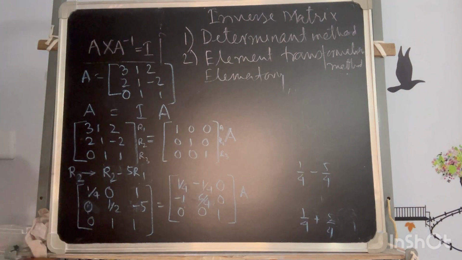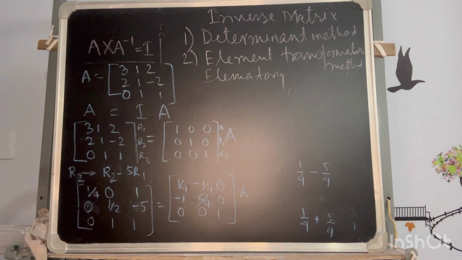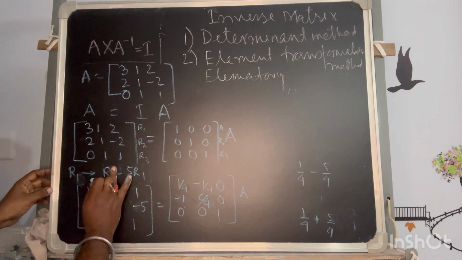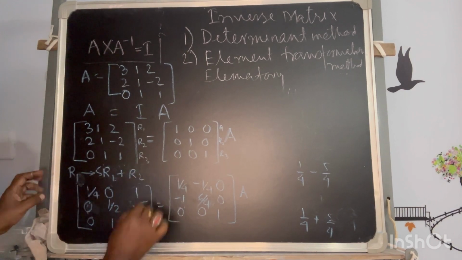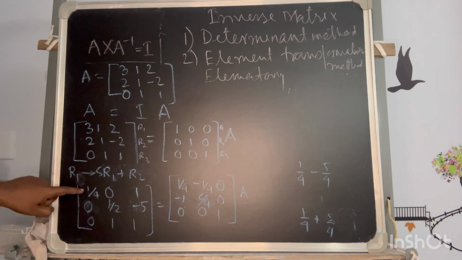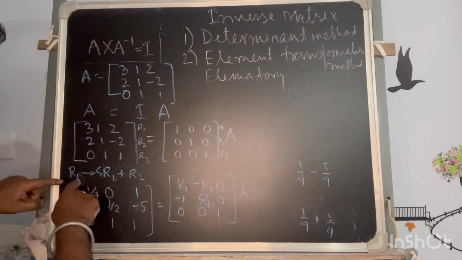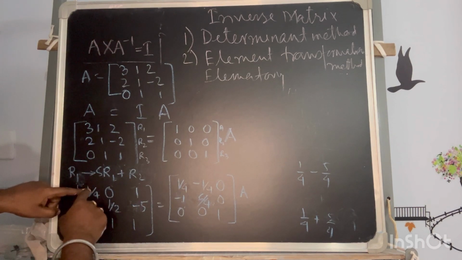Then the next operation is R1 is equal to 5R1 plus R2. So R1 becomes 5R1 plus R2, I am doing this. What would change here? 5R1 means 5 by 4 R1. This is changing to R2, so R2 will be as it is, being added.